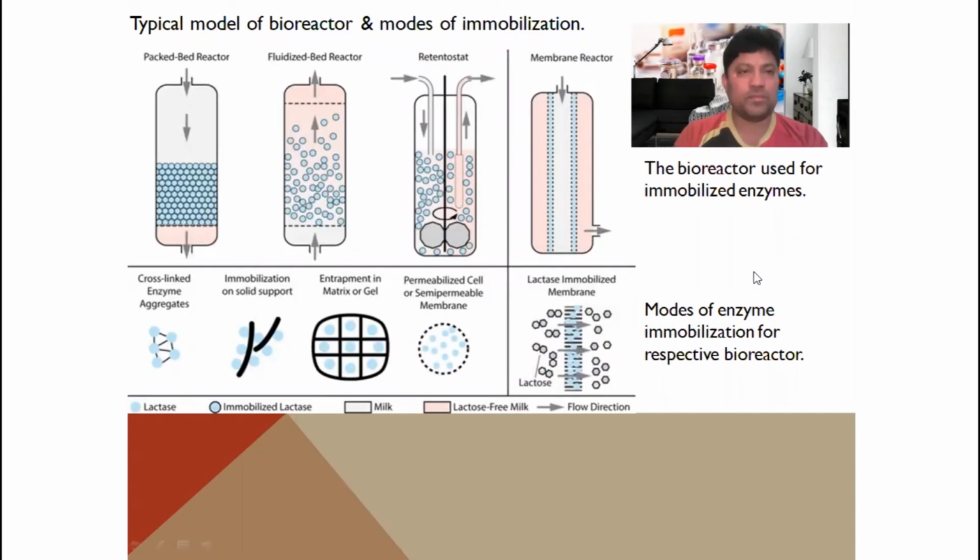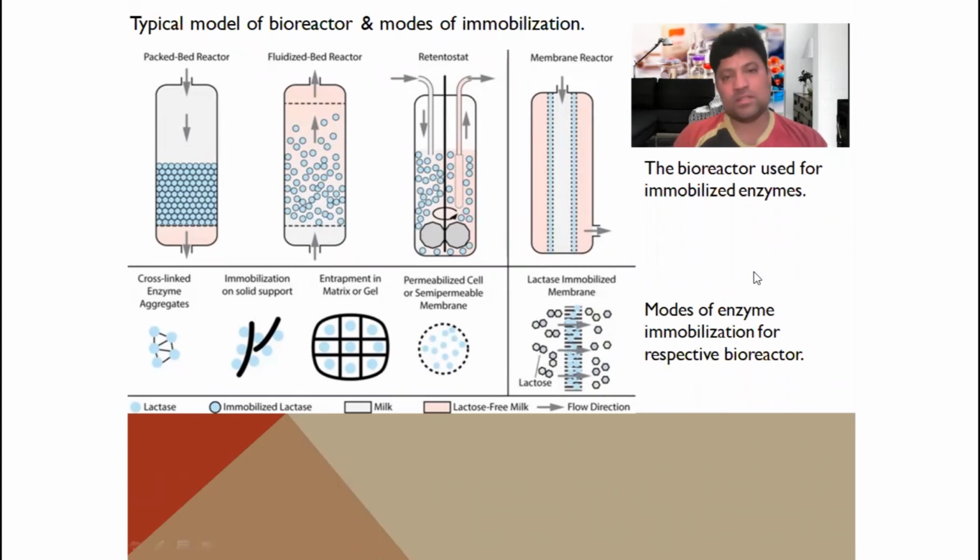A typical model of the bioreactors and the mode of immobilization comprises two main parts. The first one is the bioreactors used for immobilized enzyme, and the second part, the lower component of this figure, comprises the mode of enzyme immobilization used for respective bioreactors.